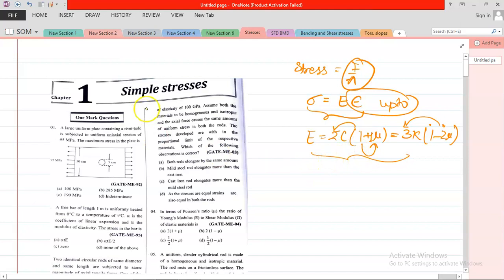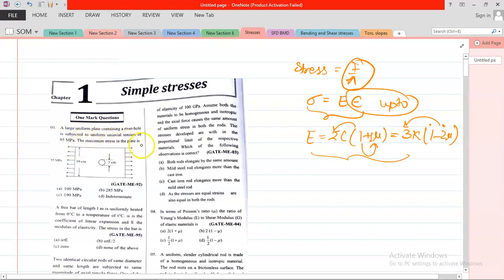Now the first question is a 1 mark question that was asked in GATE examinations. These are previous year questions from around 30 years, so you can see the pattern, and it is not very difficult. The question is: a large uniform plate containing a rivet hole is subjected to a uniform axial tension of 95 megapascal.